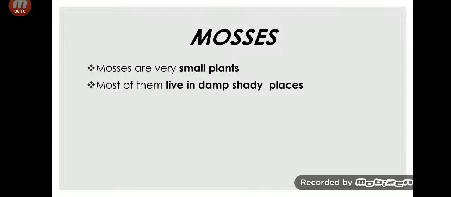So an environment in which the air has little moisture in it, we call it damp. So mosses live in damp, shady places. Shady means which has shade on them, which doesn't get direct sunlight. We call it a shady place.